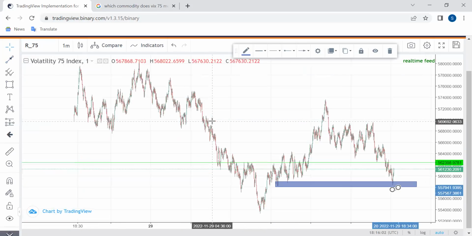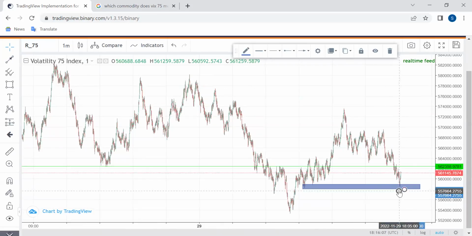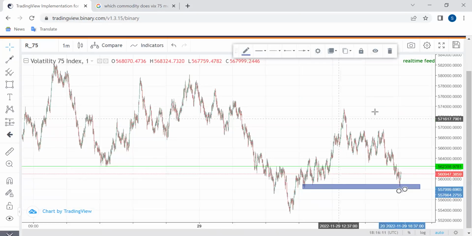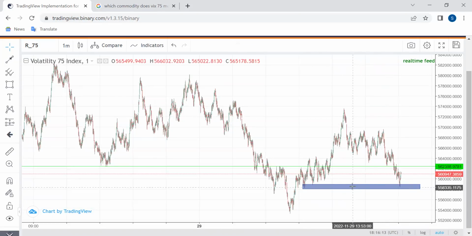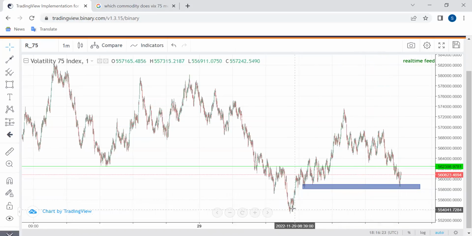Sell position over there. I keep on adding positions according to your capital size, until the market reaches my demand and then I will close. That is how you scale in, simply, right?